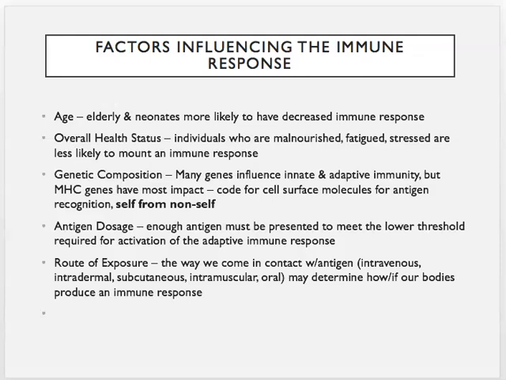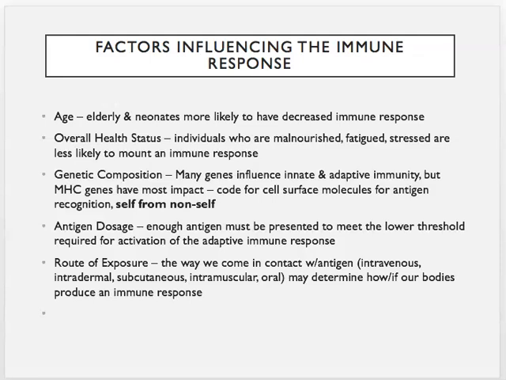Elderly and neonates are more likely to have a decreased immune response, either because the immune system has not been developed yet or it's starting to degrade. The patient's overall health status. Folks who are malnourished, fatigued, or under constant stress are less likely to be able to mount an adequate immune response.